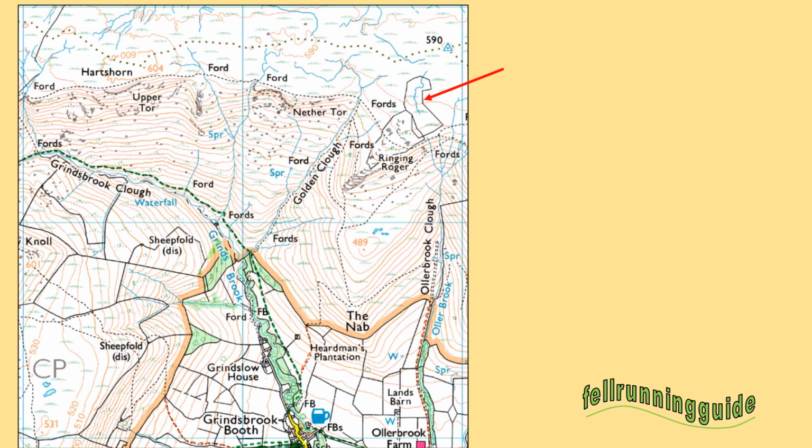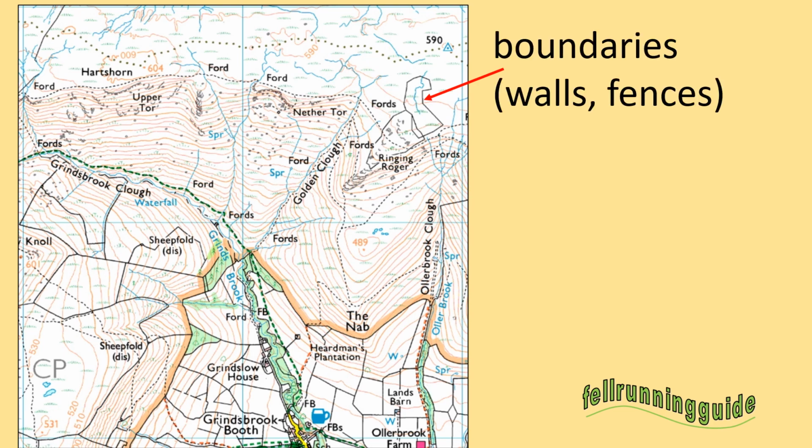Well, the arrow there is pointing to a black line. And a black line is a boundary such as a wall or a fence line. Here the arrow is pointing to this shaded line here, and that's actually the boundary of access land.